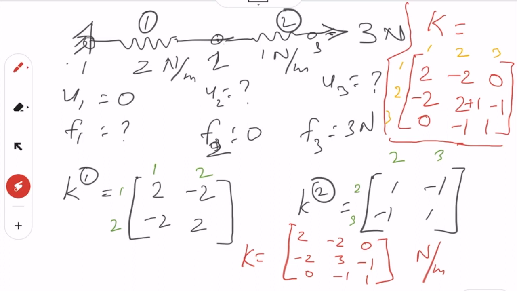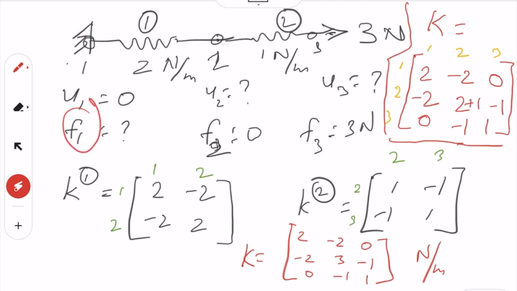And now you have to assemble the displacement vector. So you have 0, u2, u3 as the displacement vector, and the force vector will be F1, 0, 3, because here we do not know what the force F1 is, so we have to find it out.